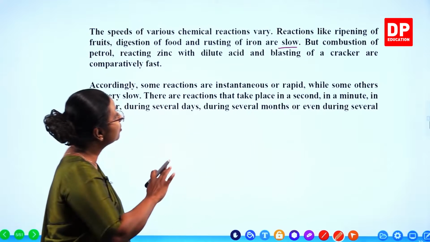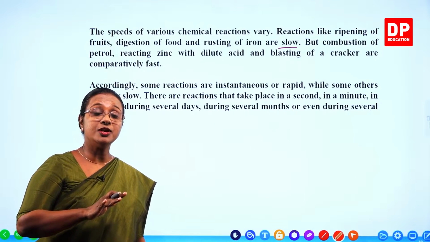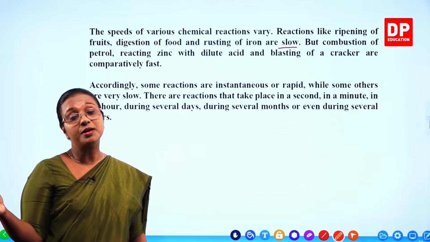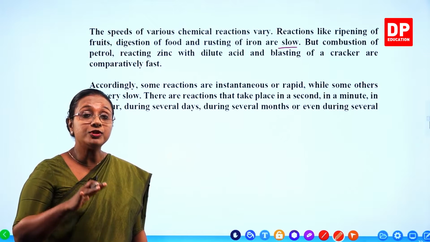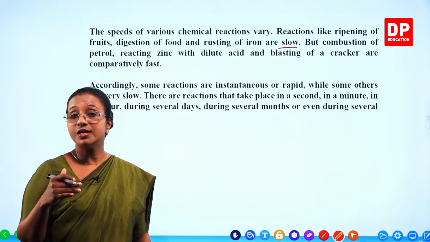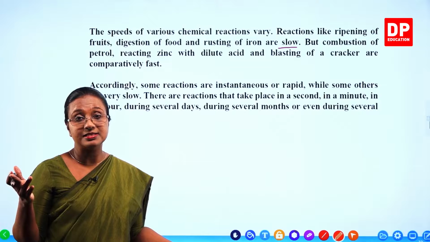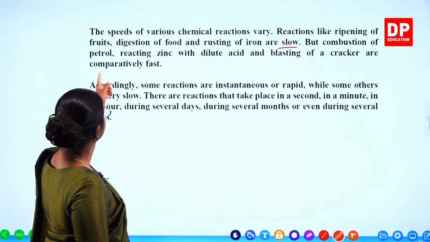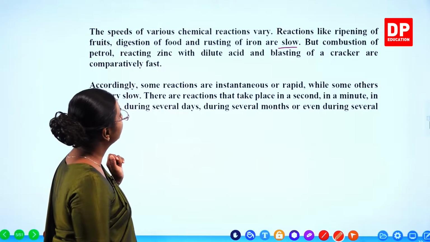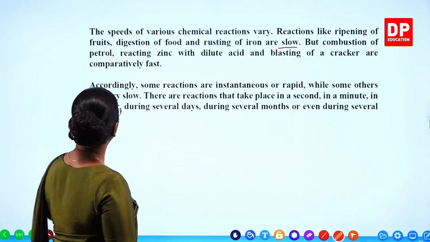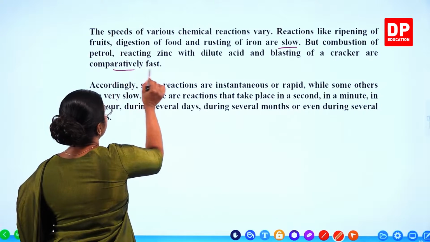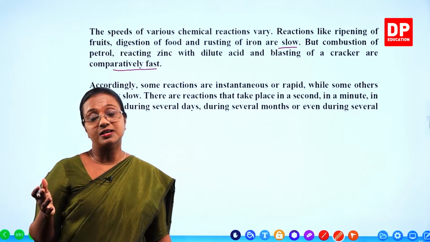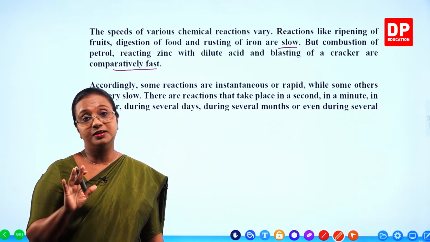When you compare, digestion of food is fast compared to ripening of fruit. Ripening of fruit is fast compared to rusting of iron. So it depends, again, relative terms. But combustion of petrol, reacting zinc with dilute acid and blasting of a cracker are comparatively fast. It's a comparative term.